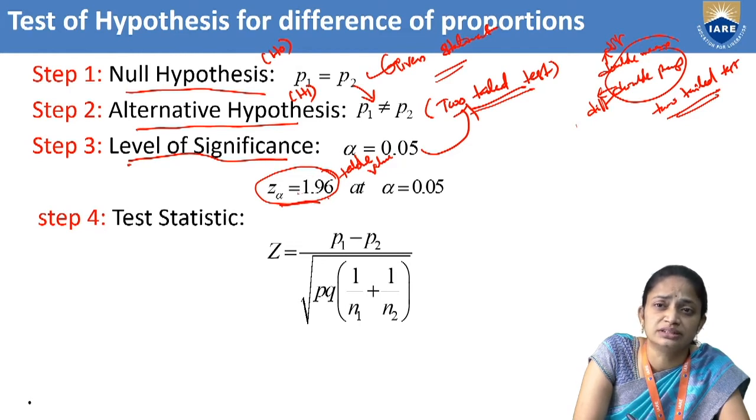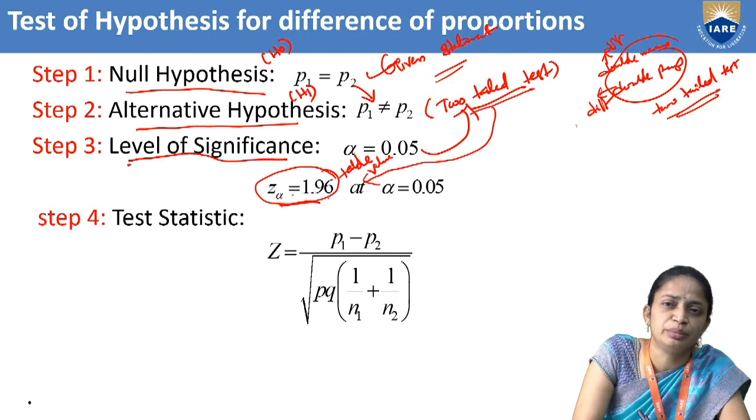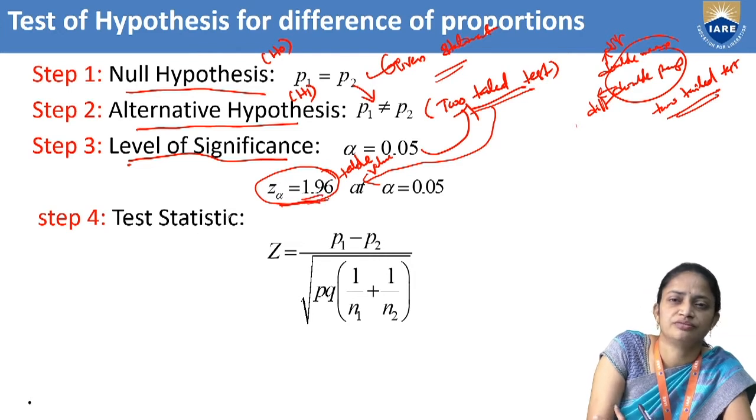So how to take this Z alpha value from the table? In the table we have two-tail test and alpha value. At alpha value 0.05 in a two-tail test, Z alpha equal to 1.96. Like that we can take from the table.